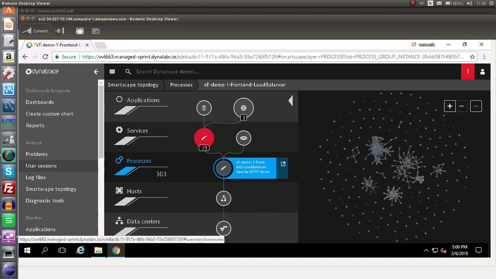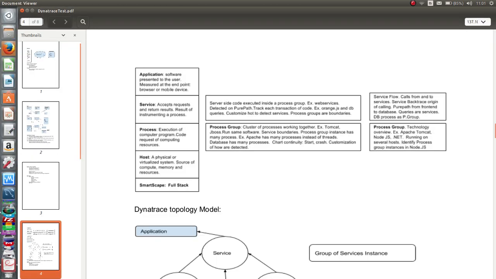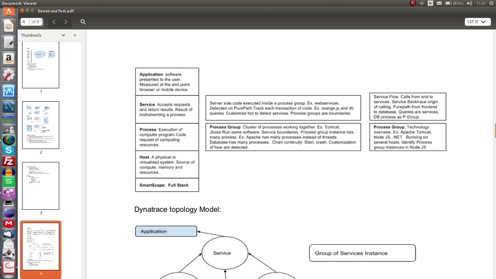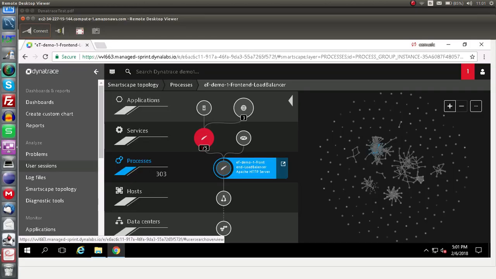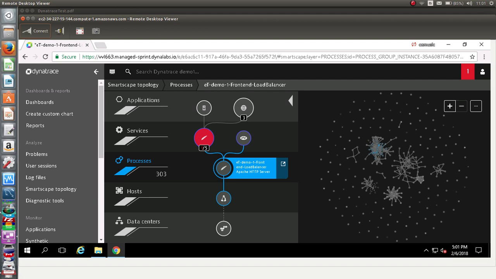We can see here the definition for process group. The process is the execution of a computer program. We group these in the process group like a cluster of processes working together. Example: Tomcat, JBoss, Apache. So this is the process group for the Apache server.